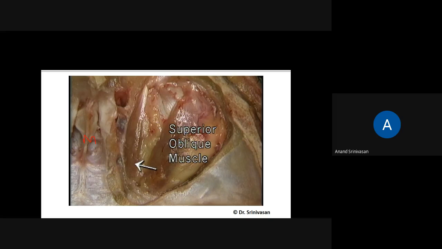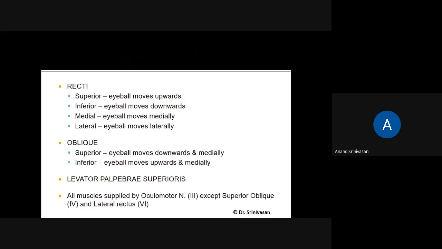The inferior oblique is looking upwards and medially, as when you are seriously thinking about something. So these are the functions of the superior and the inferior oblique.